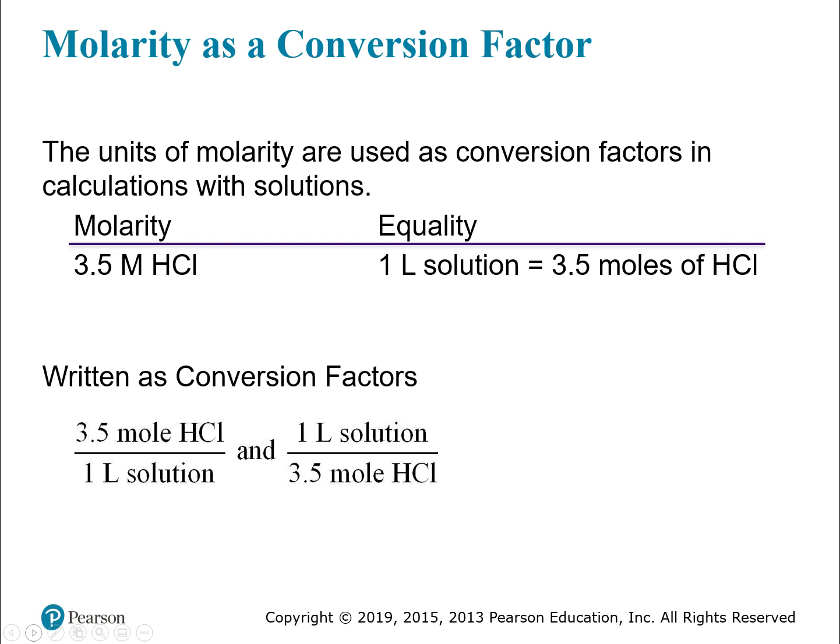As I alluded to, molarity can be used as a conversion factor. If you have, for example, 3.5 molar HCl, 1 liter of solution has 3.5 moles of HCl. And if you can write an equality, then you can certainly write a conversion factor. So we can use that to do more math, to figure out moles, to figure out how to make a solution of a certain concentration, all kinds of things.